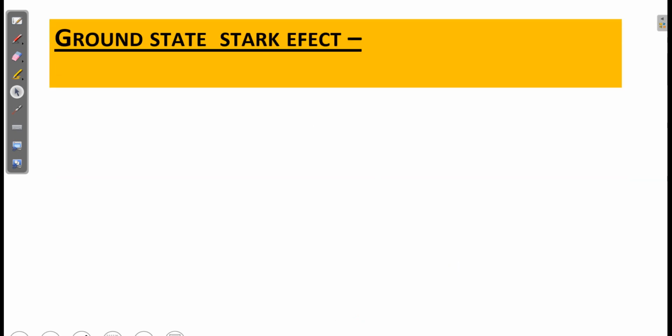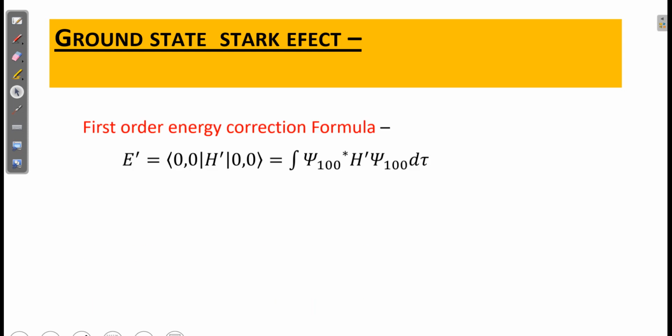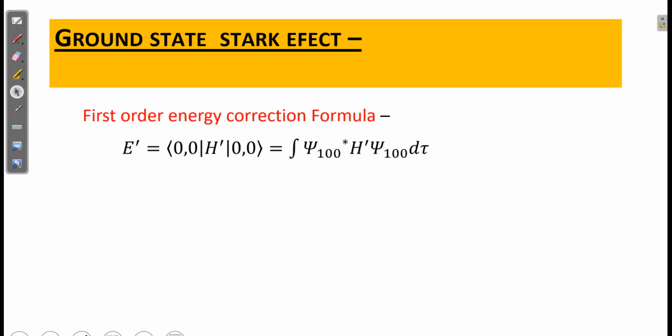Now study the Stark effect on the ground state of the hydrogen atom. Use the formula of first order energy correction: E dash is equal to the bracket of the ground state wave function, 100, H dash, 100.